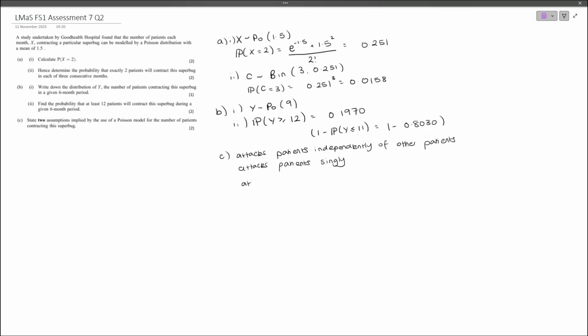It attacks patients with a constant average rate. And last but not least, it attacks patients randomly, or with a constant p.